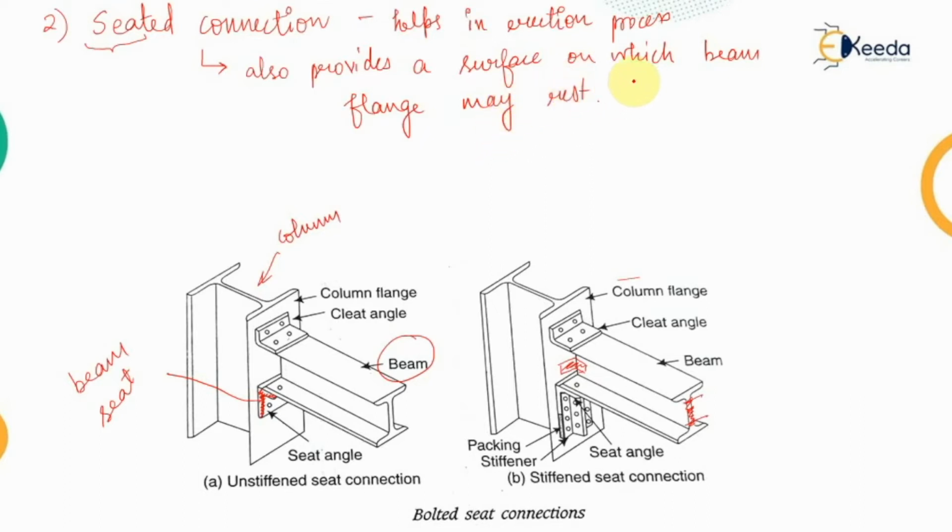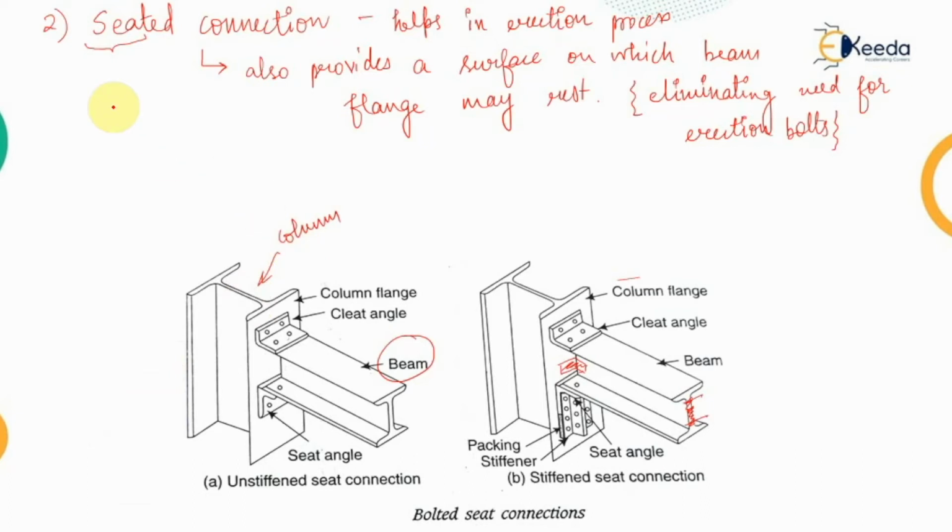The purpose is that it provides the surface on which the beam flange may rest, and that eliminates the need for the erection bolts. Those bolts were provided for the connection between the beam and the column so that the beam may not rotate about its axis, keeping the beam stable. That need for the erection bolt has now been eliminated by the use of the seat angles.